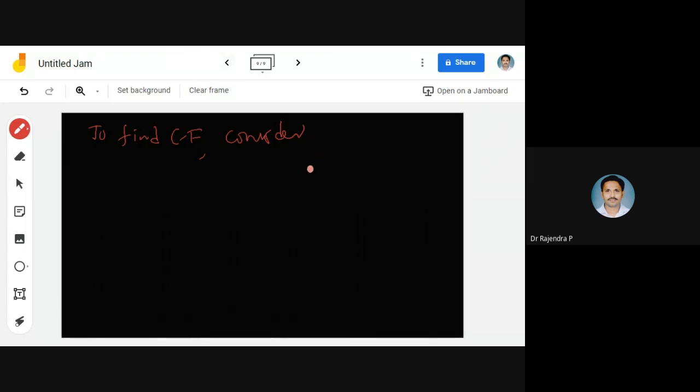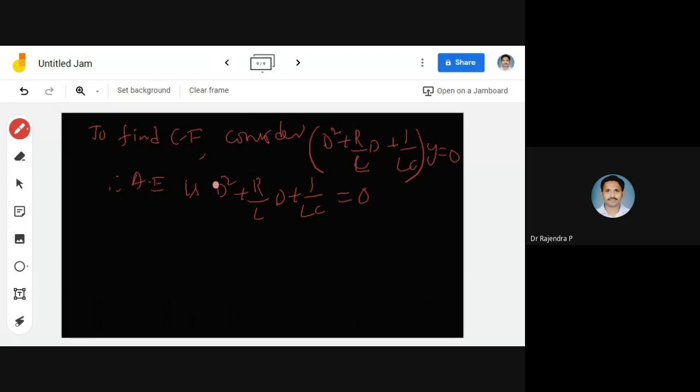That is D square plus R by L into D plus 1 by LC into Y is equal to 0. So your auxiliary equation is D square plus R by L D plus 1 by LC equal to 0.